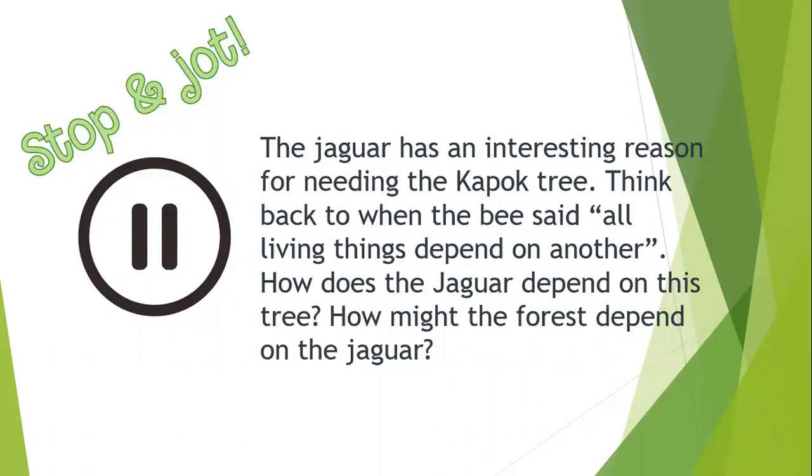How does the jaguar depend on or need this tree? And how might the forest need the jaguar? Because all living things depend on one another. You're pausing, you're stopping, talking to someone at your house, and writing out your answers to become great writers. All right, guys, thank you.